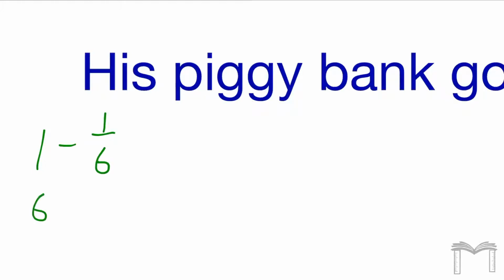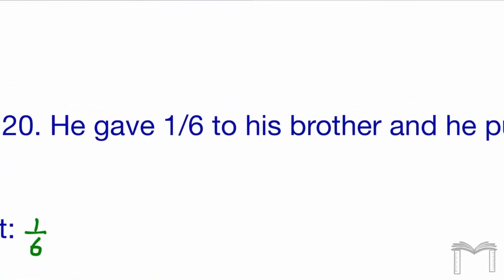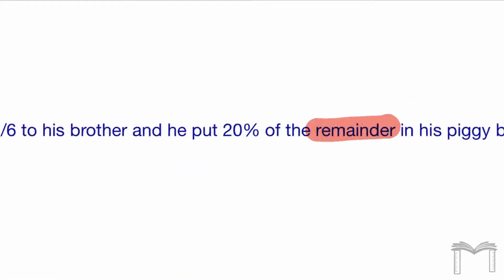That can be written as 6 over 6 take away 1/6. 6 take away 1 is 5. So we remain with 5/6. So after giving away 1/6 to his brother, he remains with 5/6, and that's the remainder that they are speaking about here in the question.